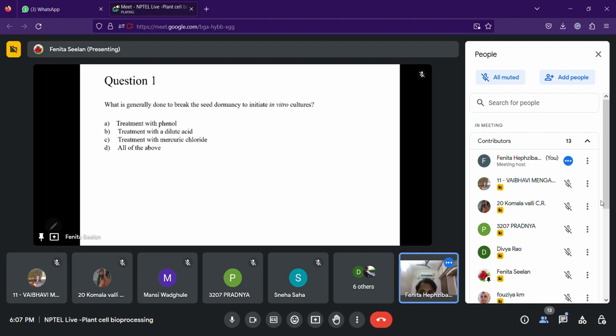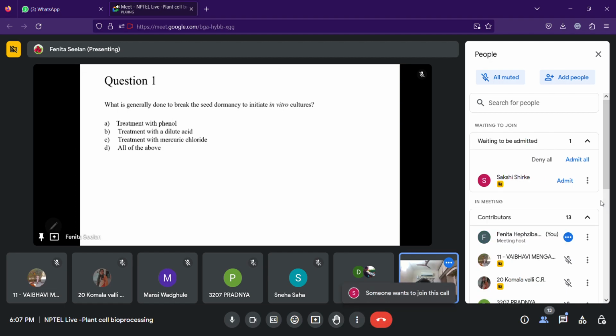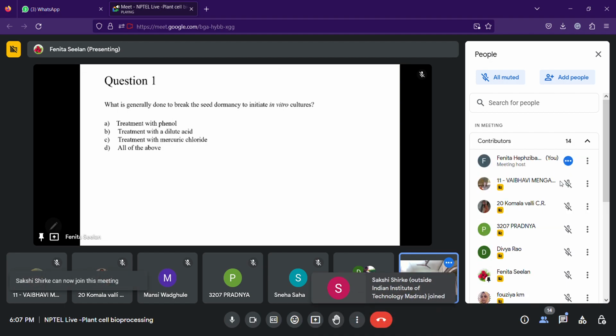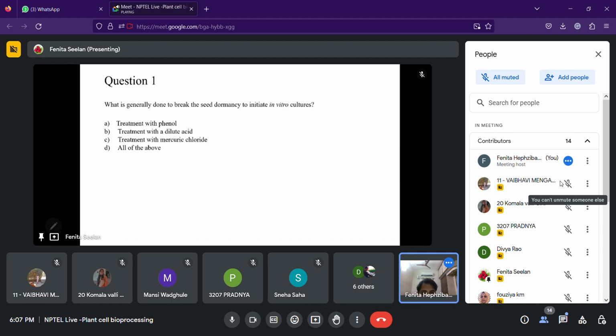So which of these will you be using so that it breaks the dormancy period or the sleeping period? Which agent or which solvent or which chemical will you be using to break the dormant period of the seeds? Something which you will be adding that is going to solubilize the layer out.